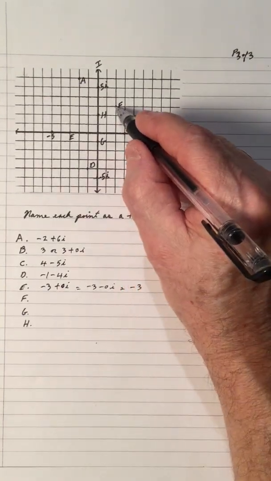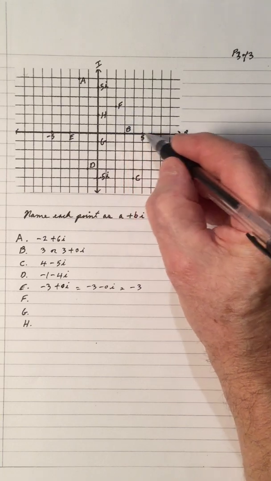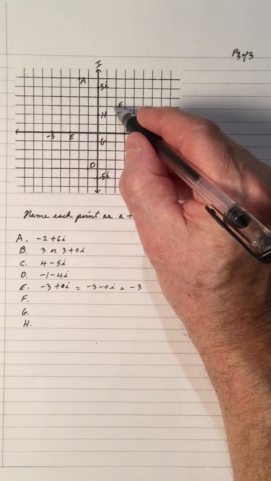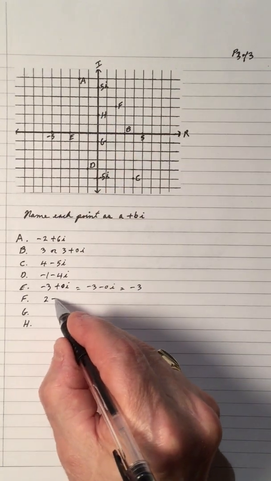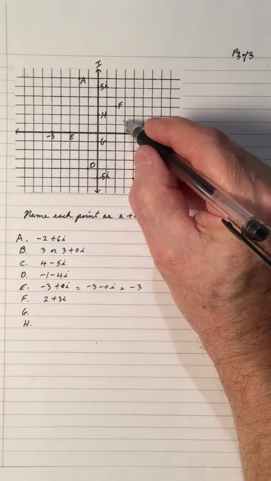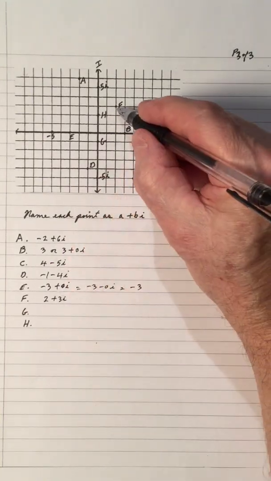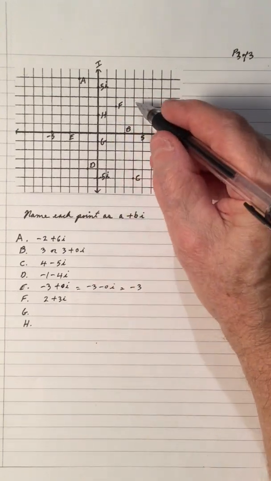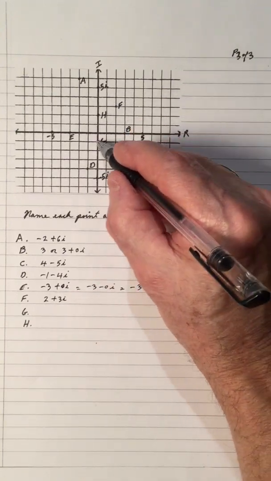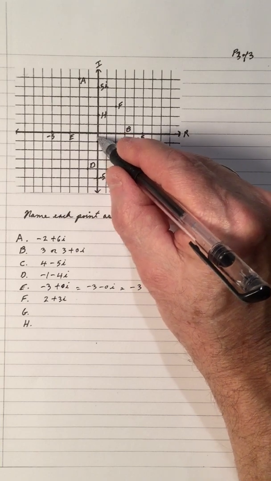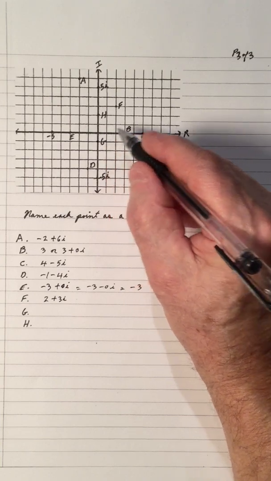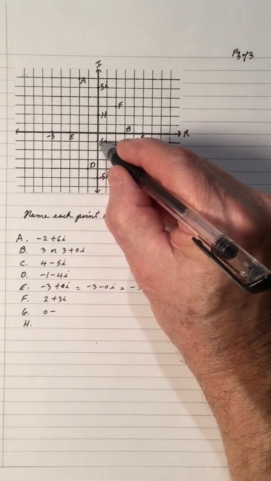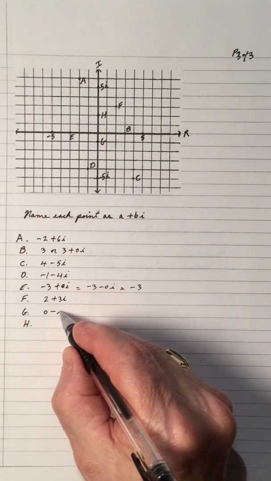F is right here, and F is, the real is 2, and the imaginary is 3i. So it's 2 plus 3i. Check F. F is what we're doing. 2, 3i, right? And G. G is, where do we go? Oh, G is right here. G is 0 on the real, and imaginary is -i, -1i or -i.